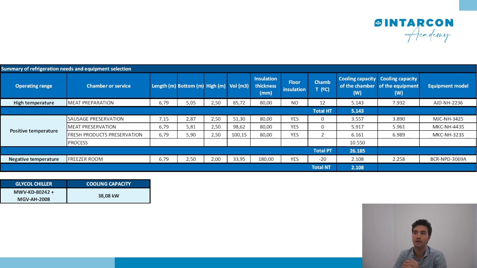This power will be met by our glycol chiller, which provides a capacity of 38 kilowatts. On the other hand, the freezing chamber requires a cooling capacity of approximately 2.1 kilowatts, which will be covered by a compact ceiling unit from the new range developed by INTARCON. This is the INTERTOP Pro.